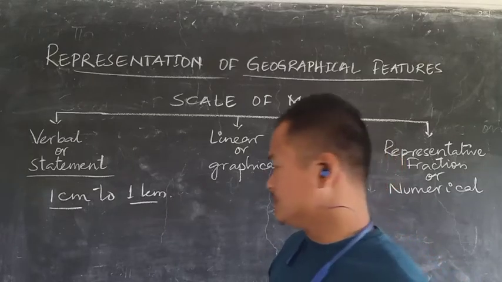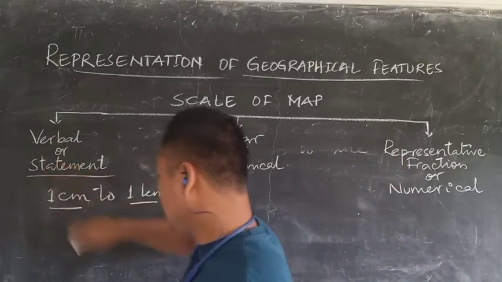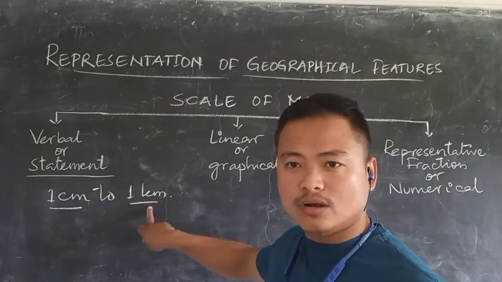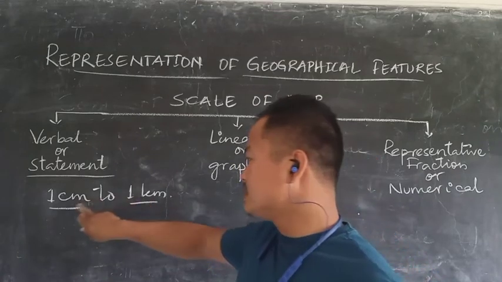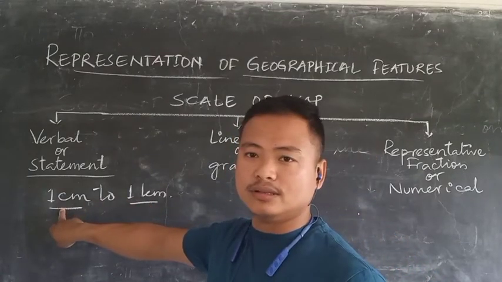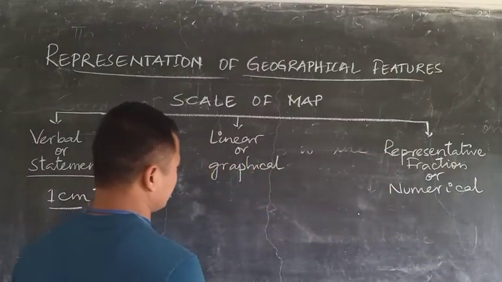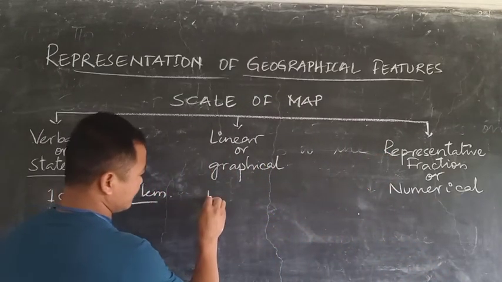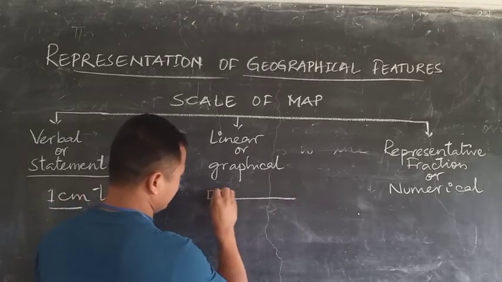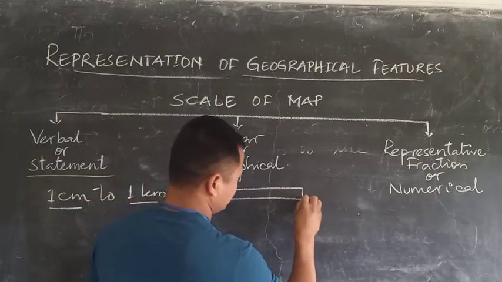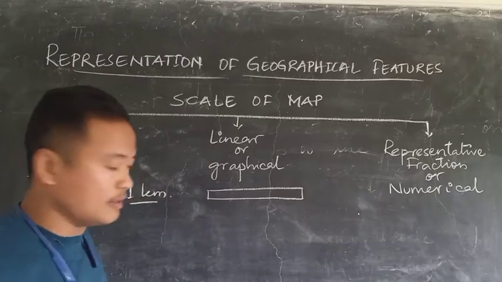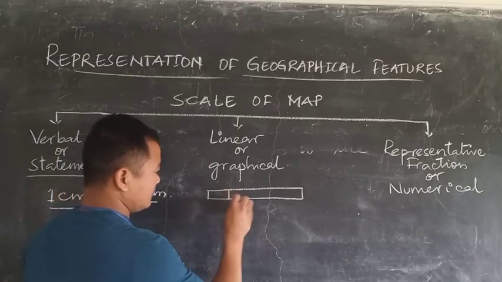In other words, 1 kilometer on the ground is represented by 1 centimeter on the map. The same here, the linear or graphical scale, is represented with the help of a drawing.